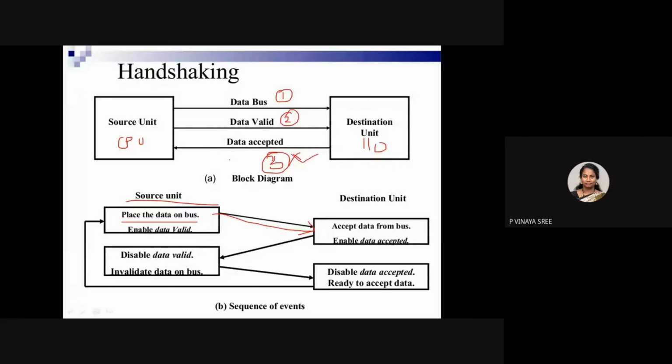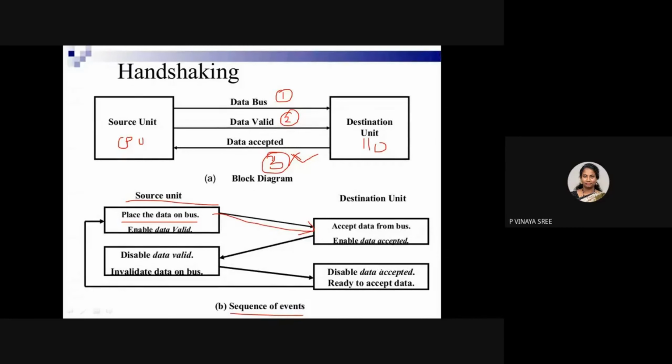So this is the sequence of events. First, the source unit places the data on the bus and enables data valid. Upon accepting the data from the bus, the destination enables data accepted. Once the data has been accepted, the source disables the data valid signal, invalidates the data on the bus, and the destination disables the data accepted signal.